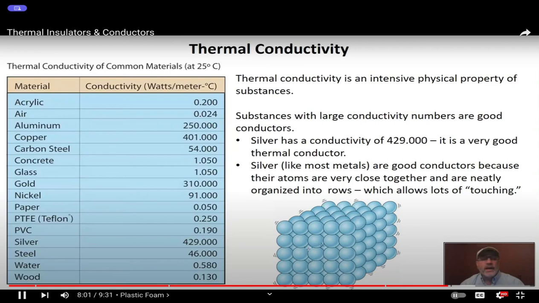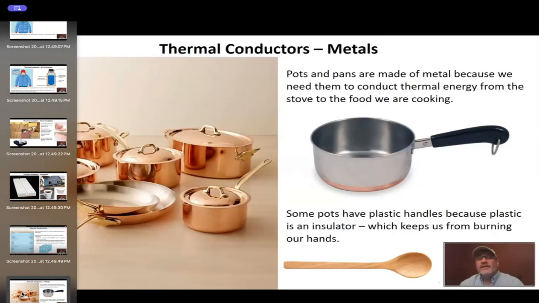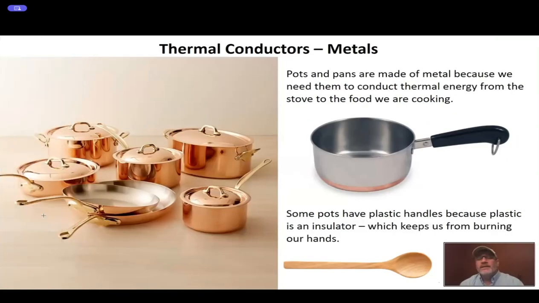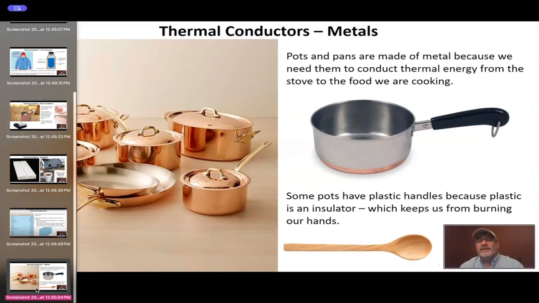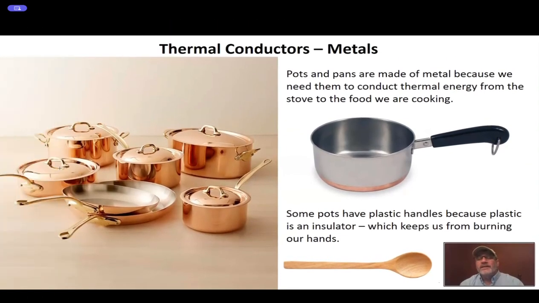So the more bouncing around that can happen and the quicker the heat can transfer through it. So that's just another way to think about it. How many molecules are packed into that space? So your pots and pans are good conductors. They're packed in there, and that energy can transfer through one molecule to the next really quickly. And that is it.